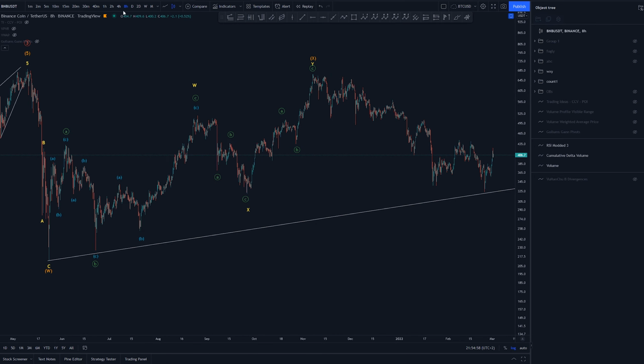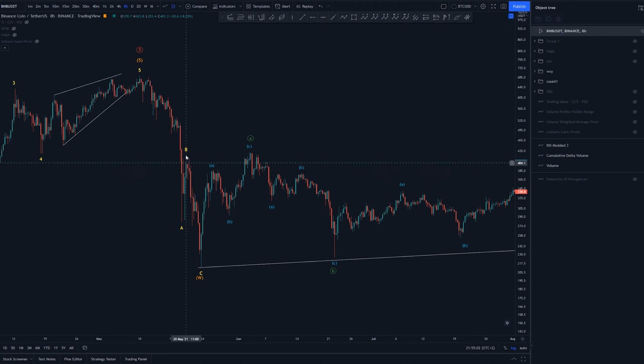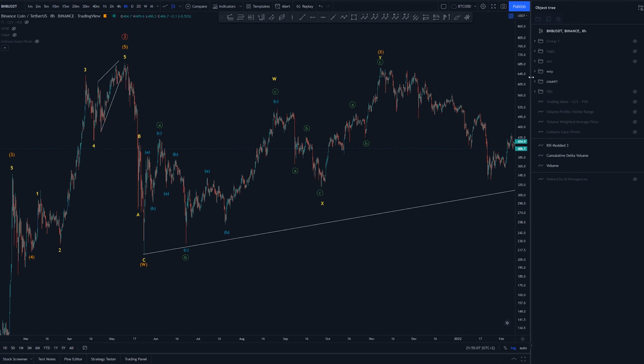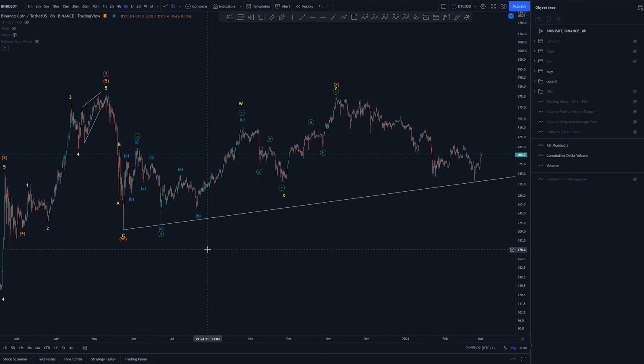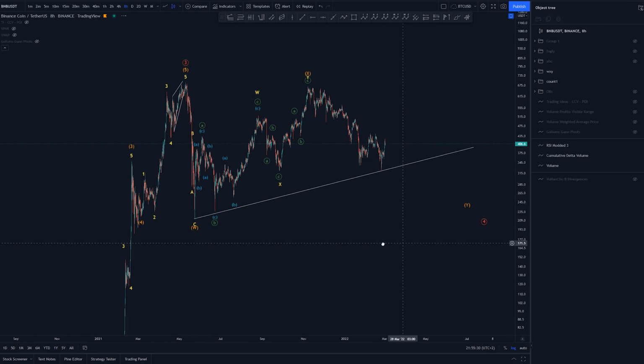What I've done is I've labeled A, B, C into W, and then we get this really weird looking wave structure that is, well, I've labeled it as A, B, C into W, A, B, C into X, and A, B, C into Y, which is creating intermediary X. So WX, and now we're creating the Y.